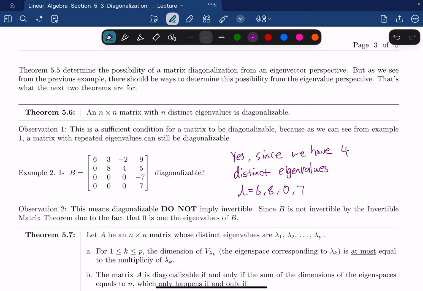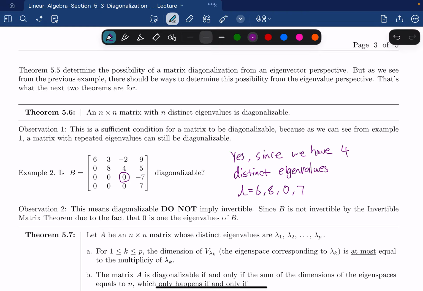It's also meaningful because, since B has 0 as one of its eigenvalues, we also know that B is not invertible. That's part of the invertible matrix theorem that we added on to in 5.2. So this means diagonalizable does not imply invertibility.